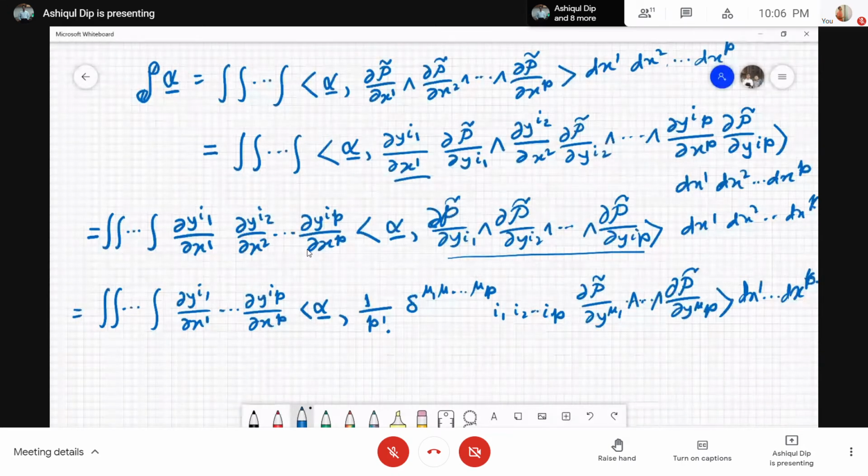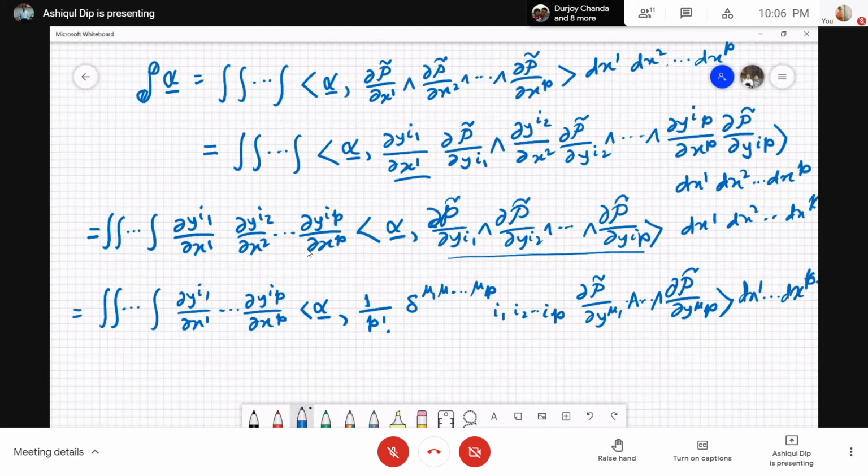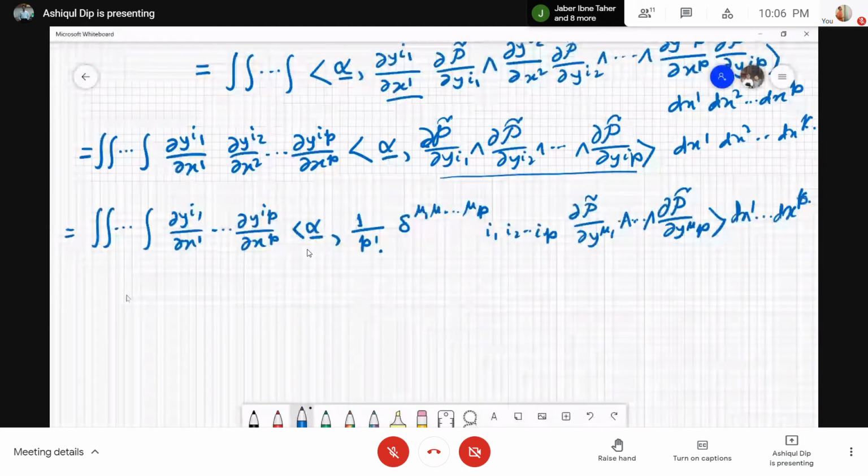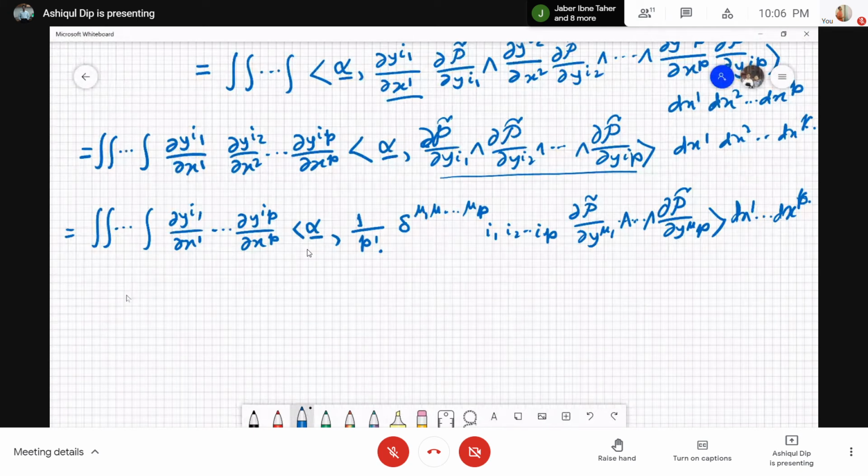So what is the relation between this Kronecker delta and E? It's a multiplication of two E's, just multiplication, right? So I can erase that and I can actually write E mu1, mu2 up to mu p, and then E I1, I2 up to Ip.